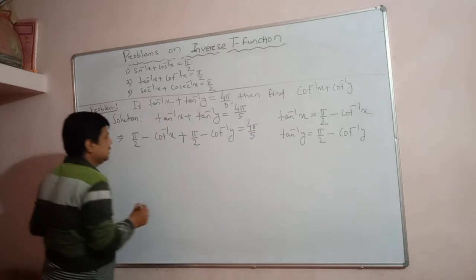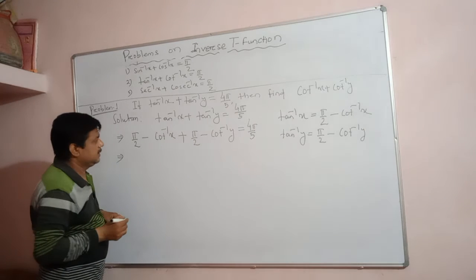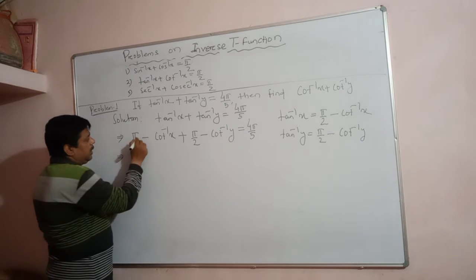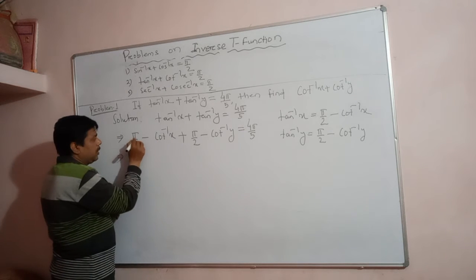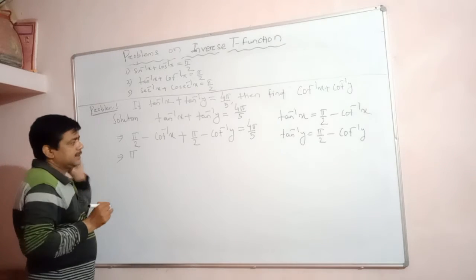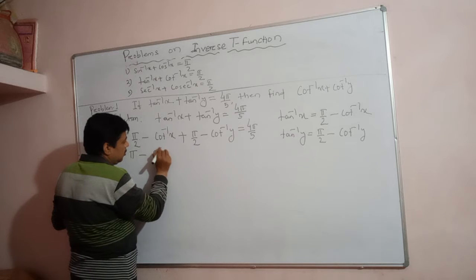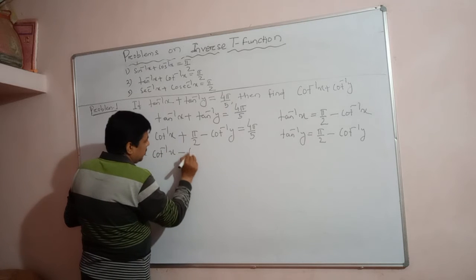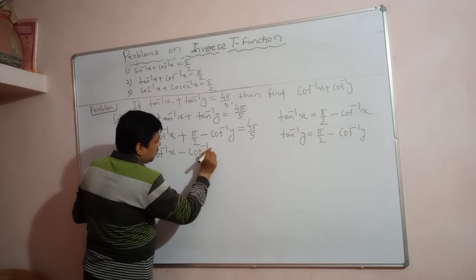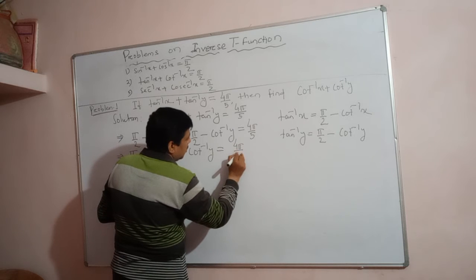Is it clear? So that implies, look at here. Now pi by 2 plus pi by 2, the value will be pi. Yes or no? So pi minus cot inverse of x minus cot inverse of y is equal to 4 pi upon 5.